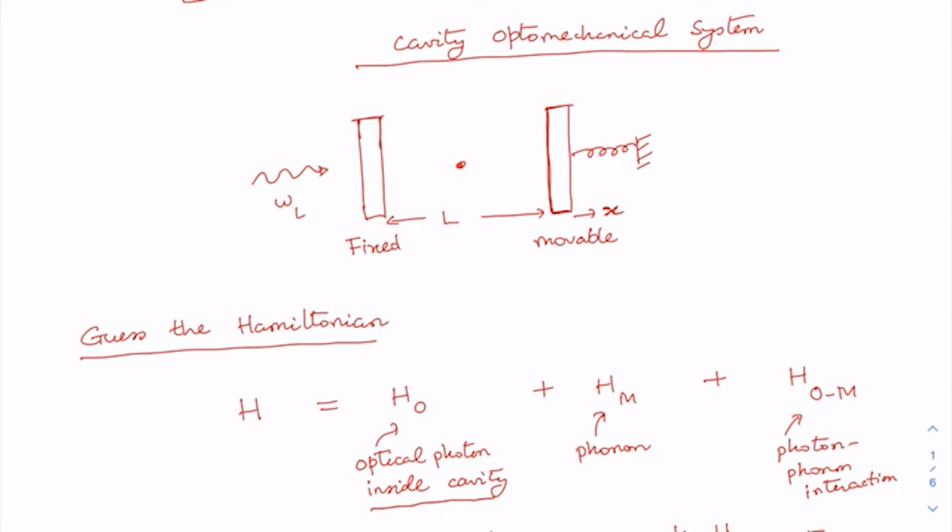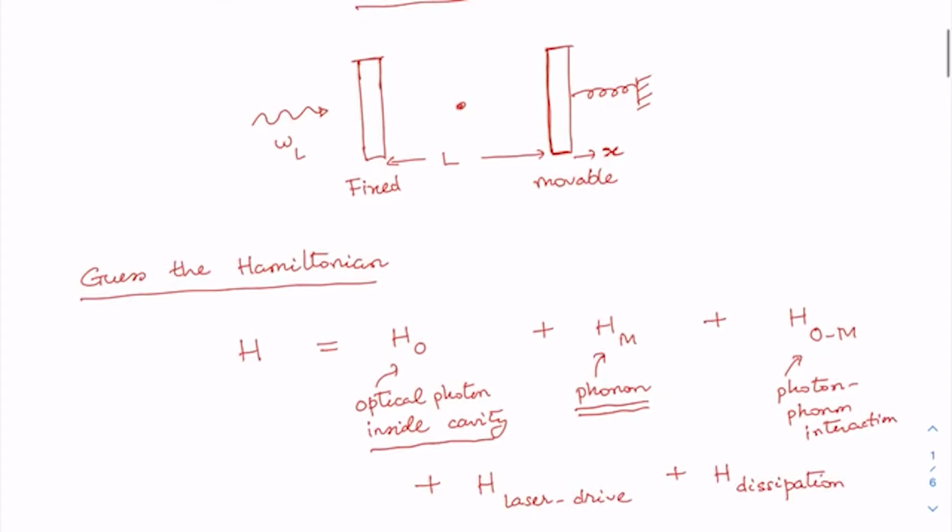Then the mechanical oscillator, which is due to the movable mirror vibrating in the range of gigahertz or kilohertz. They are basically quanta of vibration, called phonons. So that is also another harmonic oscillator.